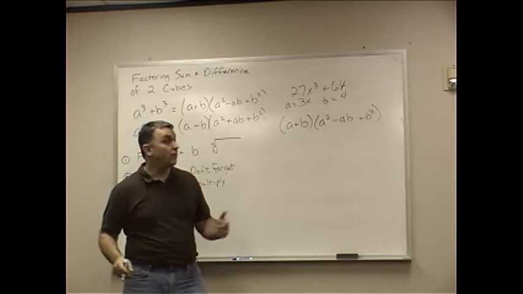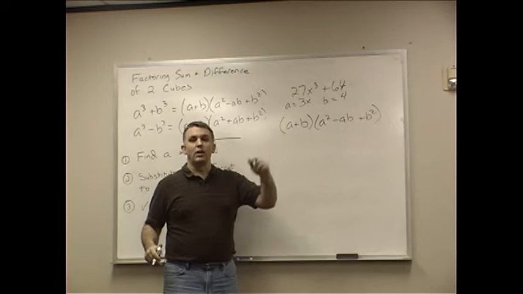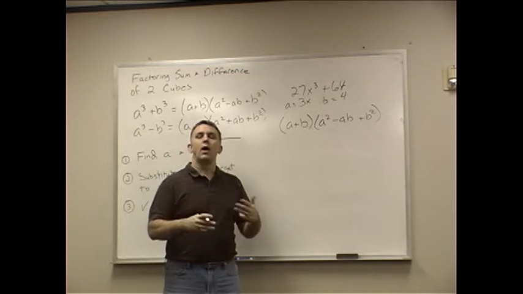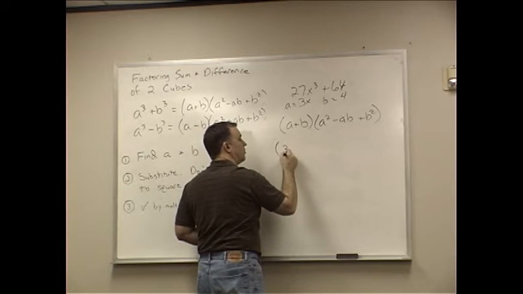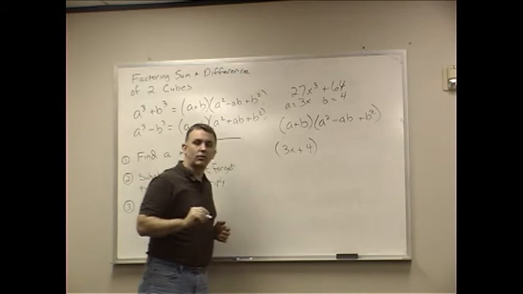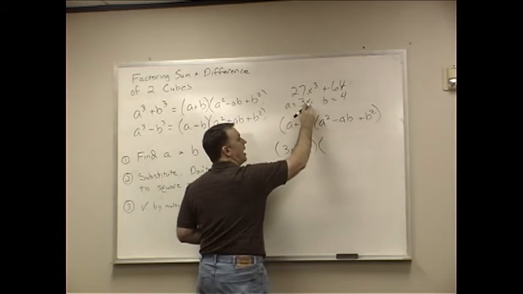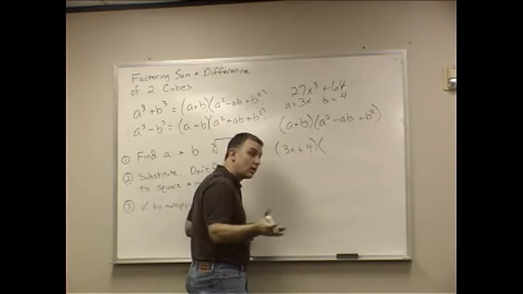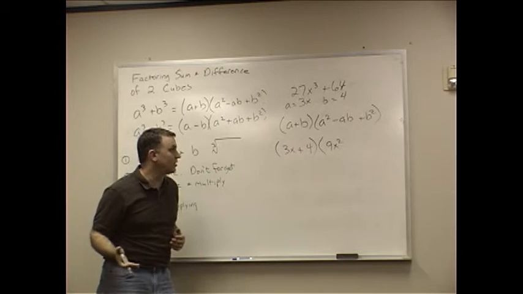All right, after you figure out a and b, it's substitute in again. I think now that you've seen it the third time, maybe this isn't quite as intimidating. A is 3x, so we put in a 3x. B is 4, so I've got 3x plus 4 there. A squared, now a is 3x. You have to square 3x. 3x times 3x is 9x to the second.